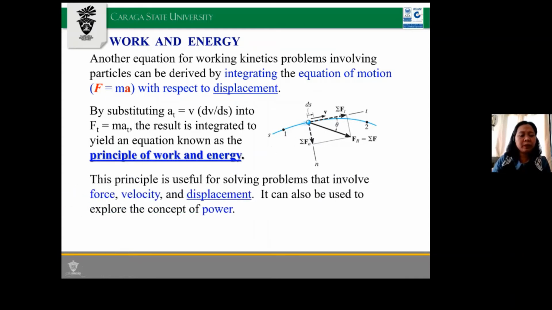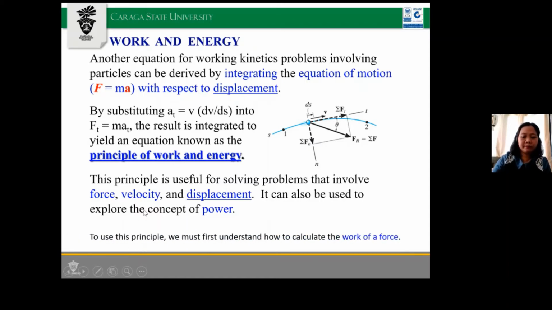This principle is useful for solving problems that involve force, velocity, and displacement. It can also be used to explore the concept of power, so your reading assignment will be on power later on.